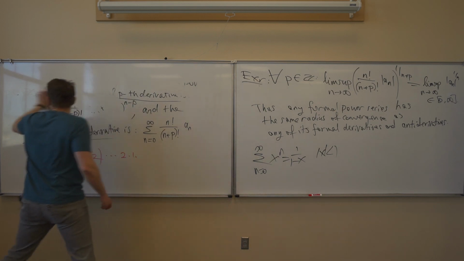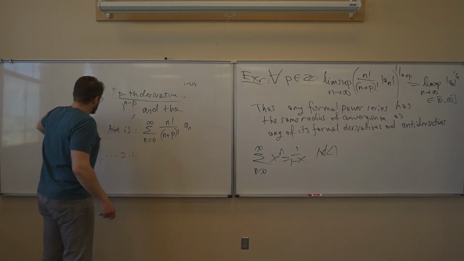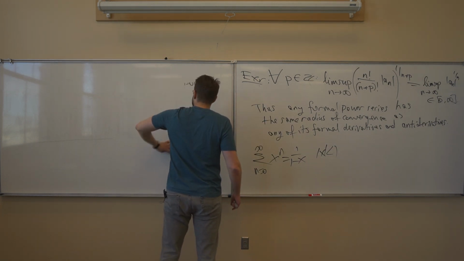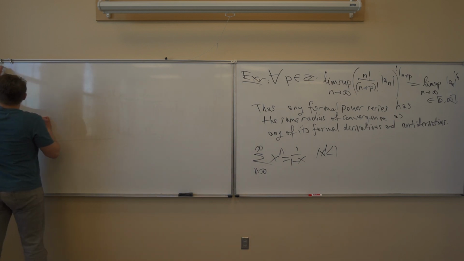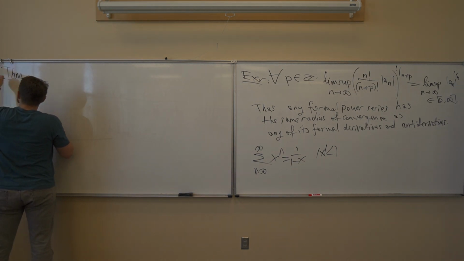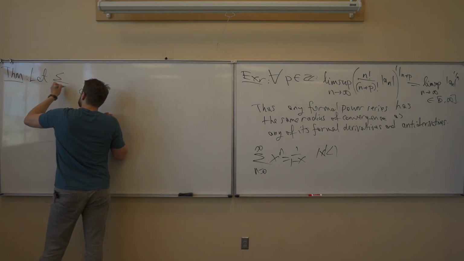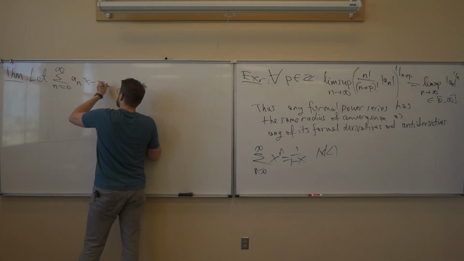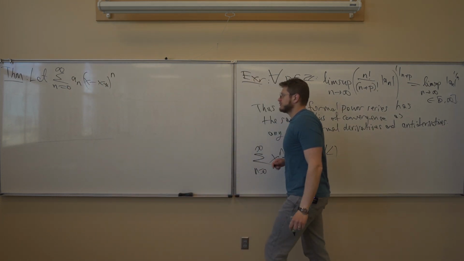Here it is. Theorem. Let the sum of a sub n times x minus x star raised to the power n be a formal power series.